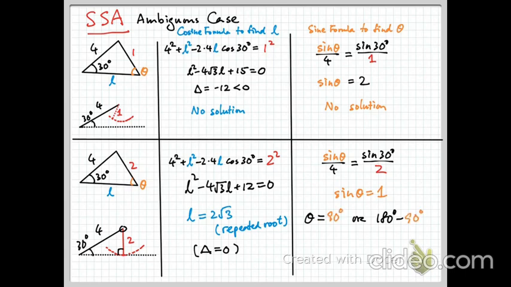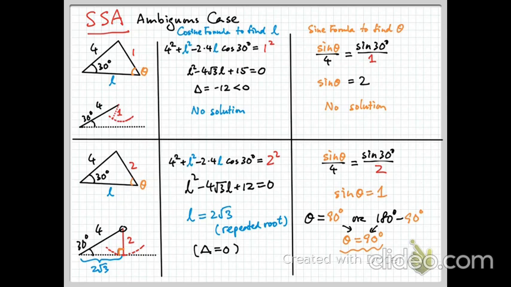Now here is where the double root comes from. Theta is 90 or 180 minus 90, and 180 minus 90 is also 90. So the two solutions become 1. Theta is 90 degrees. So now we know in this case the length of L is 2 root 3 and the angle theta will be 90 degrees. That's how the SSA situation turns out to have a double root, and that corresponds to a right angle triangle.